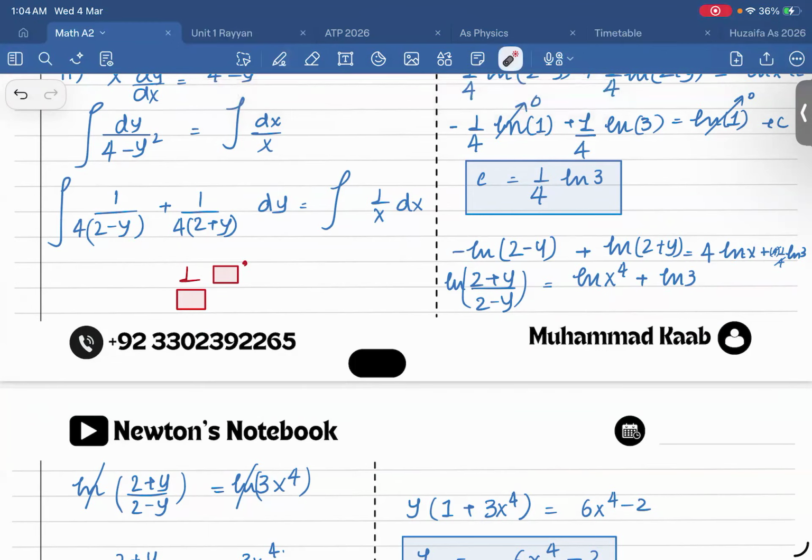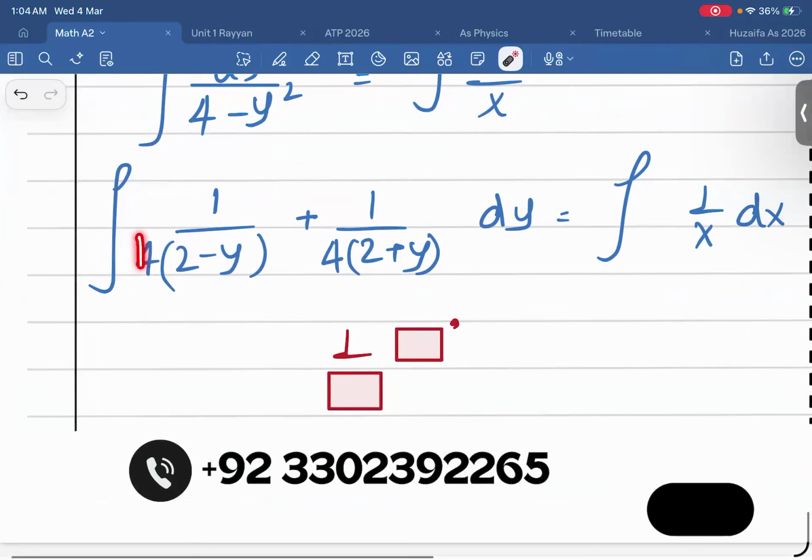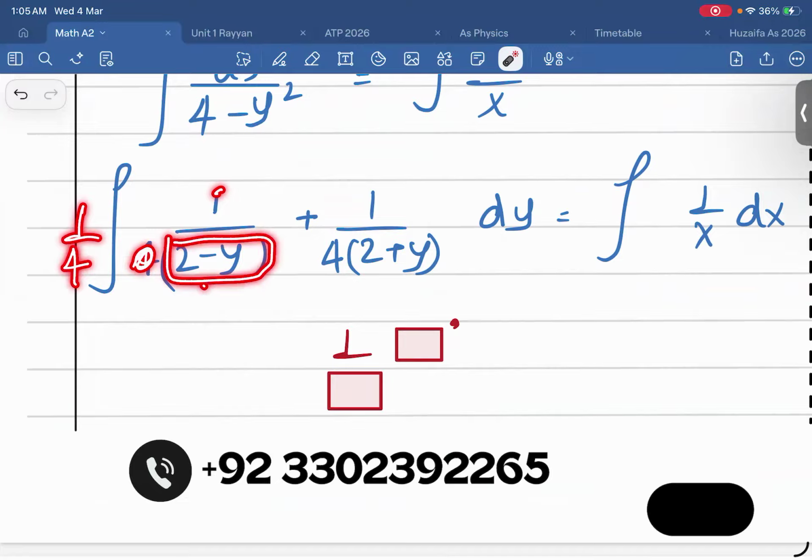Now over here, this is what our box is, which is basically 4 to the 8 minus 4y, or you can take out the 4. It's not required in the integration, so just ignore this 4 and keep it outside. So this is my box, and I want the derivative of this box in the numerator.